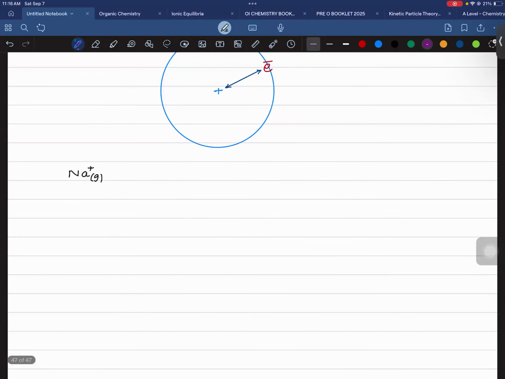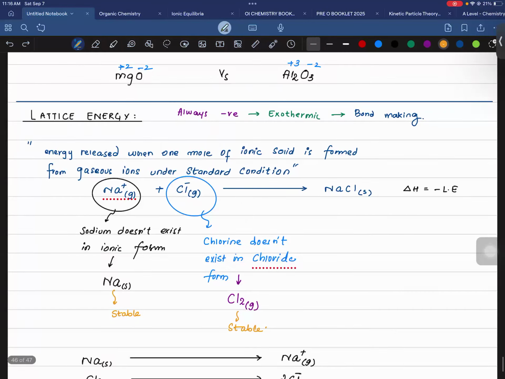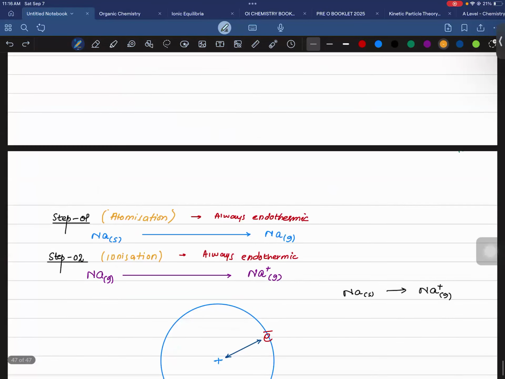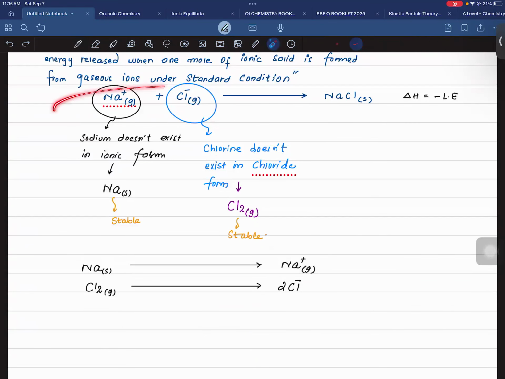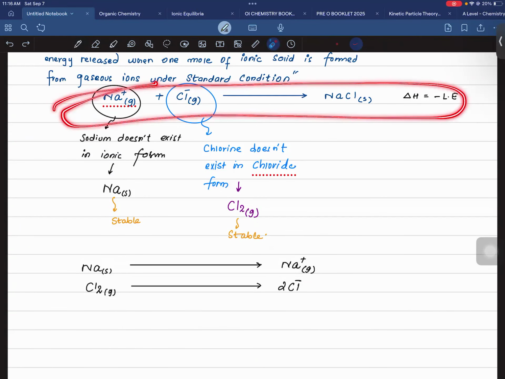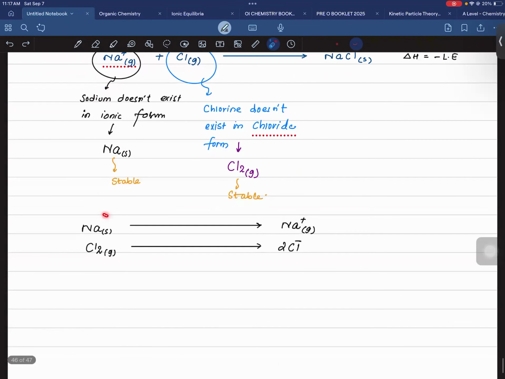So yes, Na positive gas is ready, but we were making sodium chloride. To make sodium chloride, I need two ions, the Na positive ion and the Cl negative ion. I have this Na positive ion, which I have made from the sodium solid.